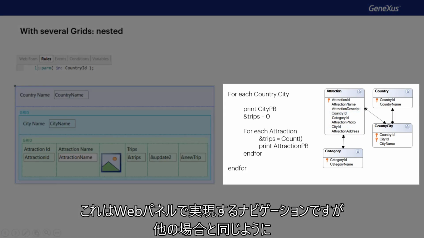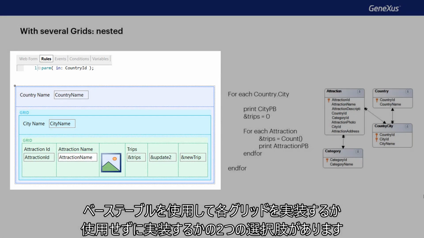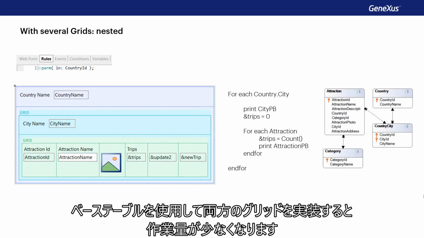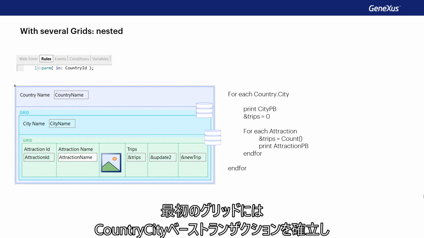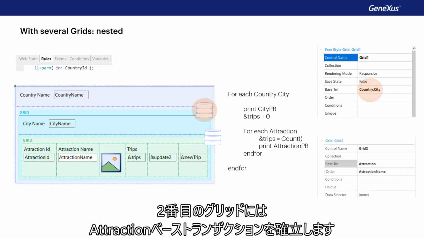This is the navigation that you'll achieve in your web panel. But, like always, there are two options: implementing each grid with or without a base table. When you implement both grids with base table, which is the way to work less, you'll be establishing the country.city base transaction for the first grid and attraction for the second one.